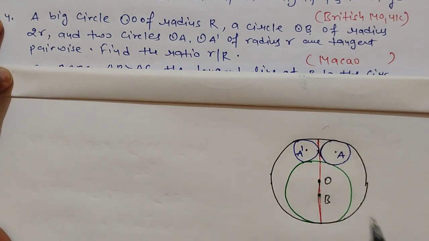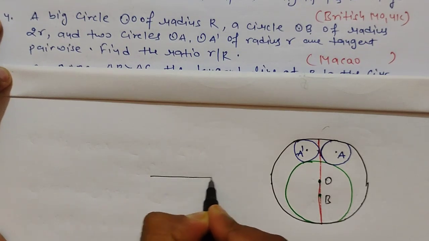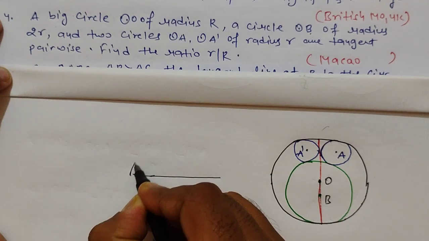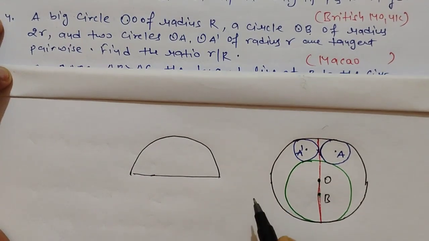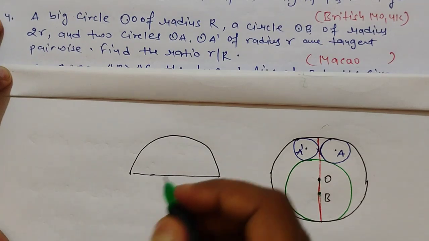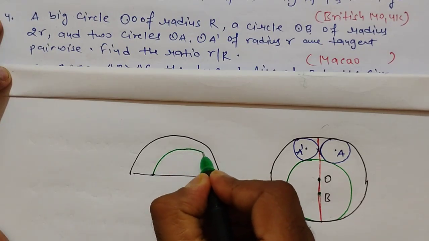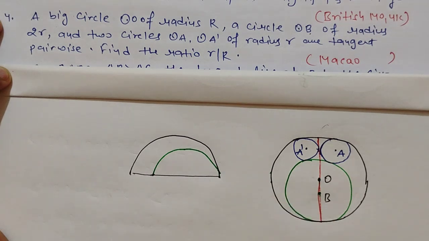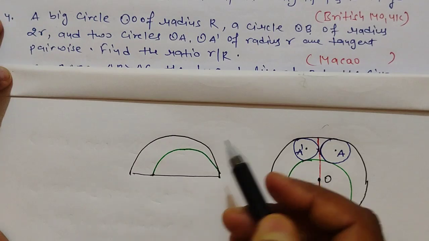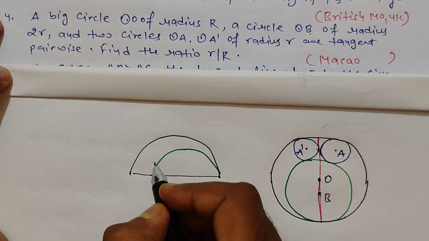If we are taking this part, you can form this semicircle like this, and this is the inner circle. I am using the colors as used to form these circles in this diagram, so you can easily understand the construction.